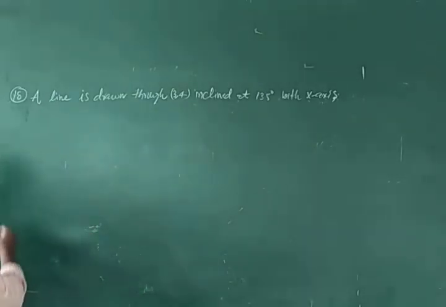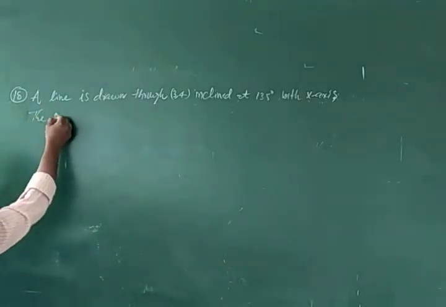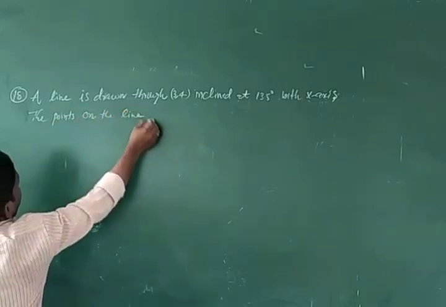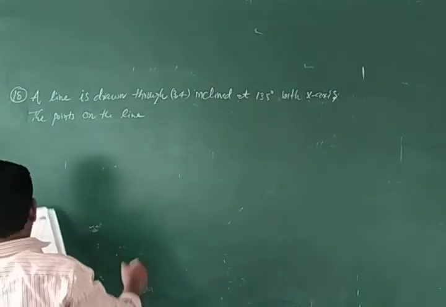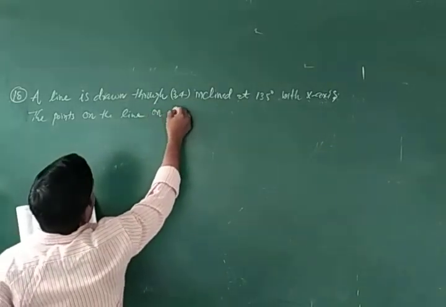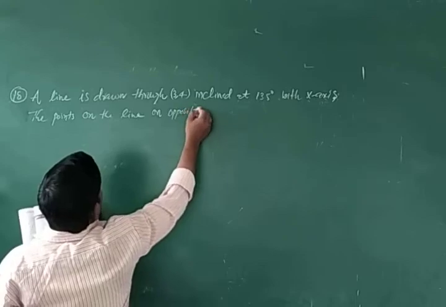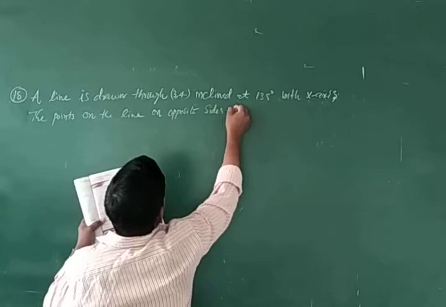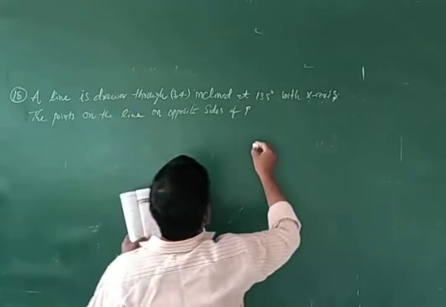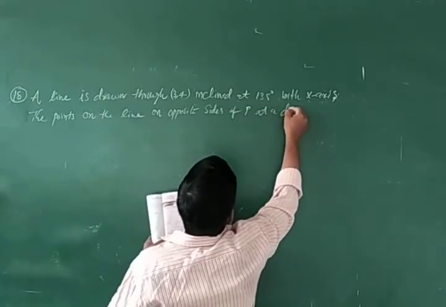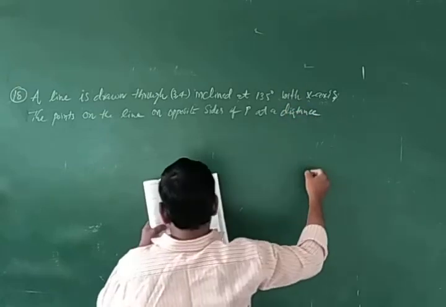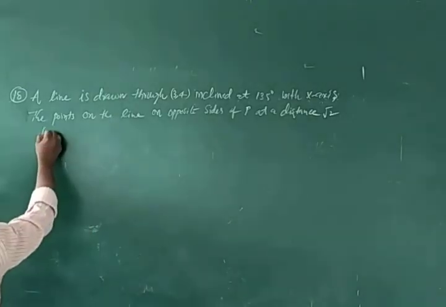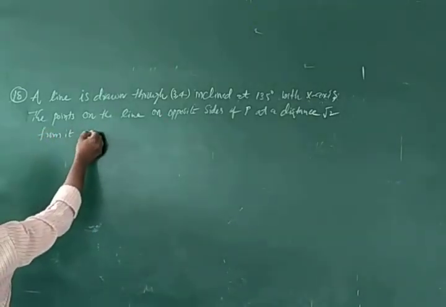The points on the line on opposite sides of P at a distance root 3 from it are.